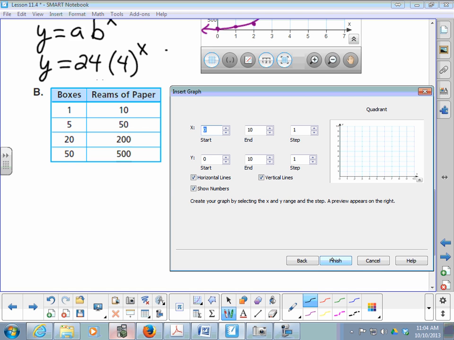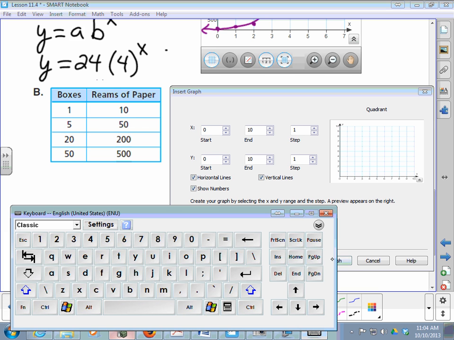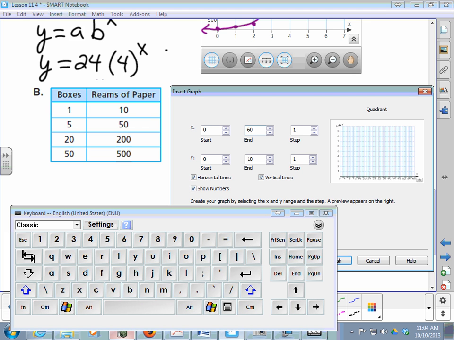Our end value for x, the number of boxes, needs to be at least 50, right? So we better go past that. We don't want to go to 100, that's a little more than we need, but maybe 60. Should we go by ones or by fives? Okay, we can go by fives.